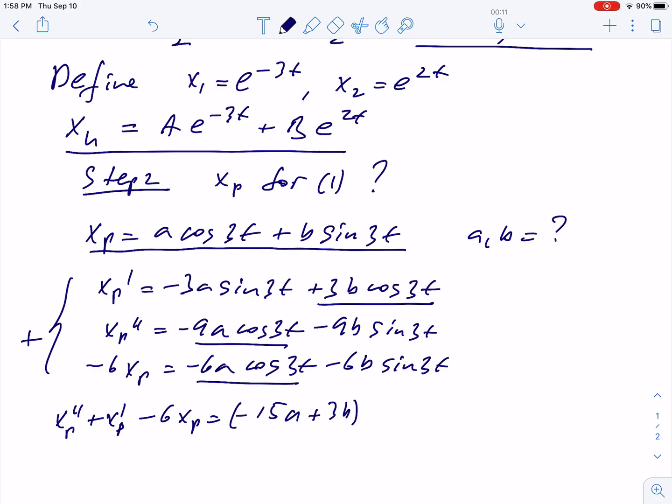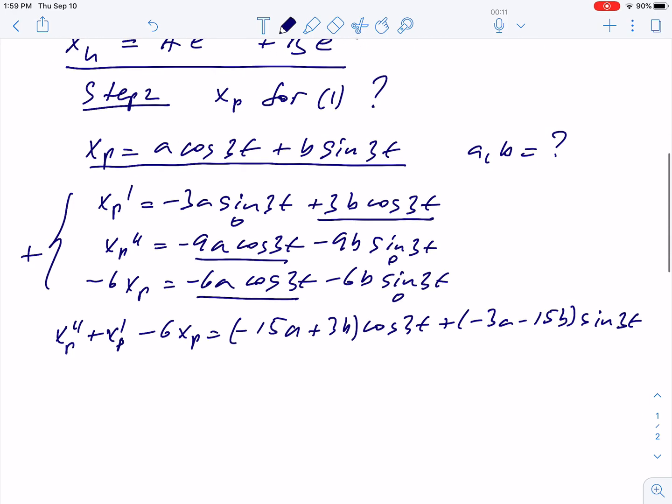This is the coefficient for cosine 3t. Do the same with the sine. We have sine here and here and here. So we have -3a and minus 15b, 9 and 6 here. And this comes with sine 3t. This is the left side of the equation. On the right side, we have 2 times cosine 3t.